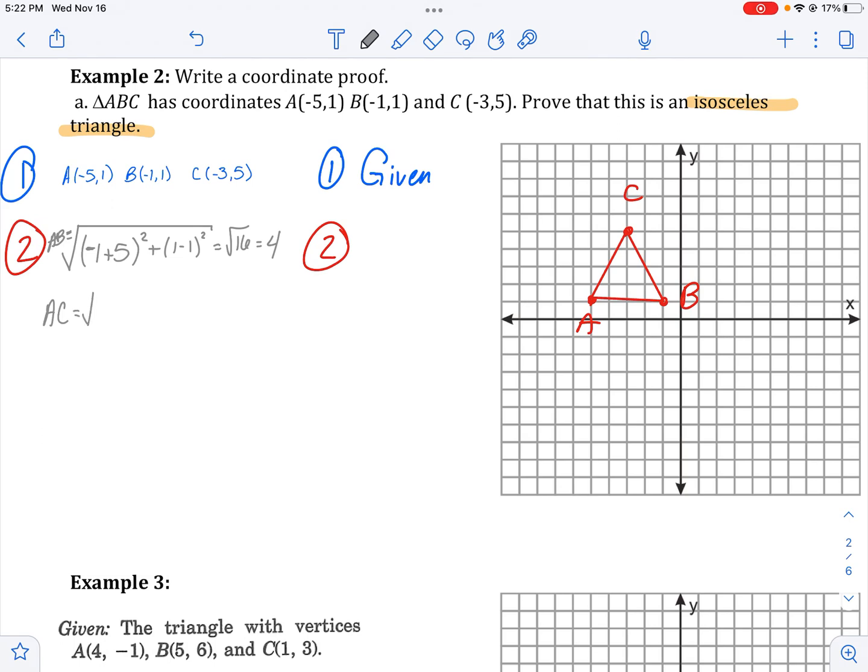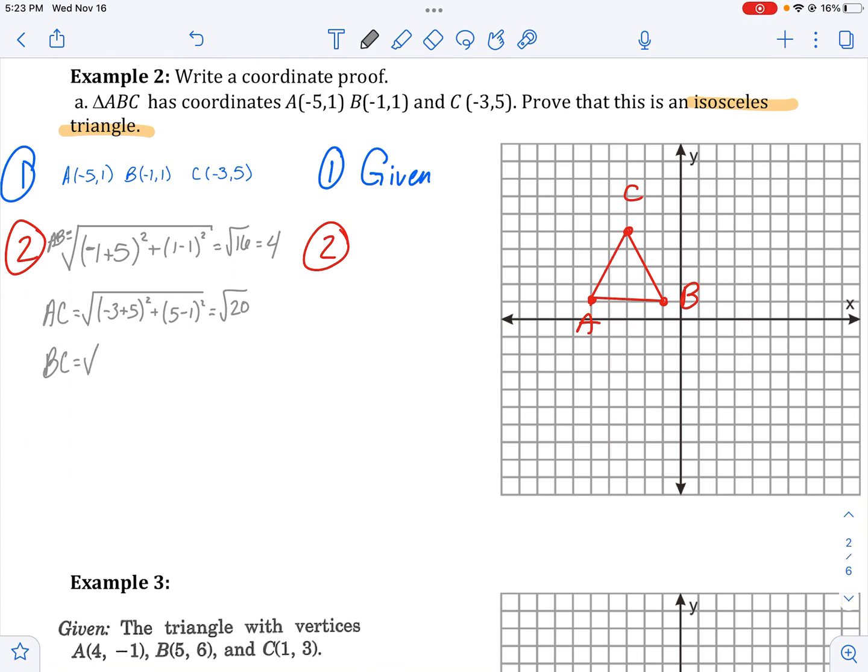For AC, same procedure here. I would want to find the distance from A to C, so -3 minus -5 squared, and then I have 5 minus 1 squared. So this would end up being the square root of 20, which is the same as 2 root 5.